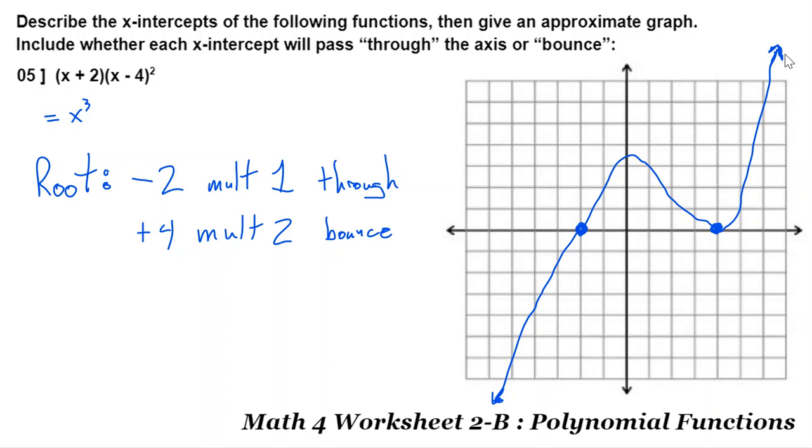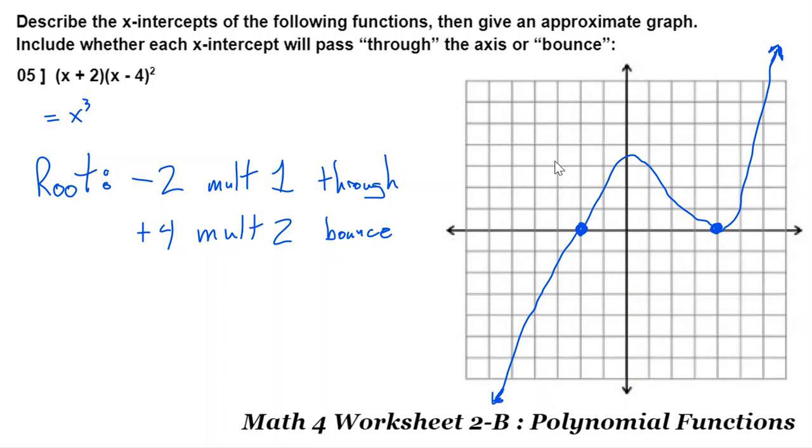Obviously the exact shape of the curve is probably off, but that is the general direction that it's going to go. It's going to come up out of the negatives, pass through this, do some sort of hump, come down here, bounce off of that, and go up into the stratosphere.